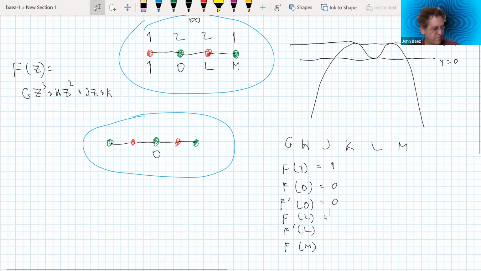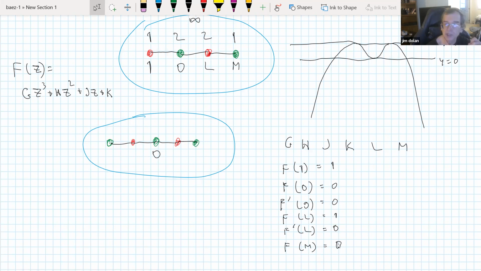Yep. f prime of L should be 0. And f of M should be 0. So it's these 6 equations.